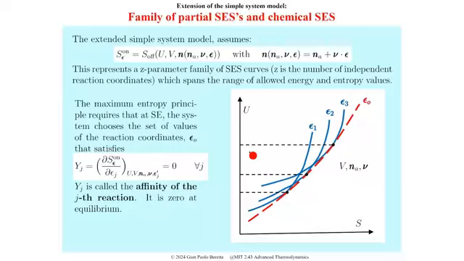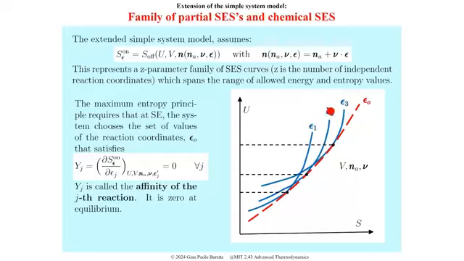So that all is in order to allow us to essentially represent this family of would-be equilibrium states if you didn't have chemical reactions, the blue curves. And this family has one parameter if you have one chemical reaction, or as many parameters as there are chemical reactions.